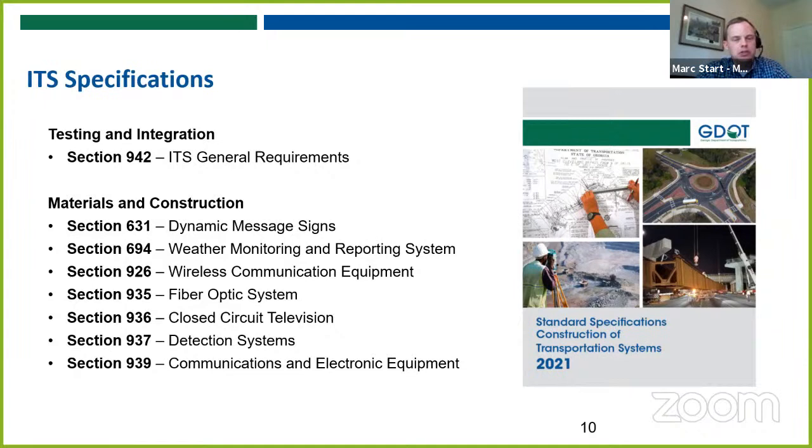But basically the heart and soul of 942 is to talk about testing and integration during the construction process. That's something that's described once throughout all the ITS specifications, and it lies in section 942. And we think that is really the cohesive thing that holds together this idea that an ITS system is one system, and we think it needs to be tested as a single system.